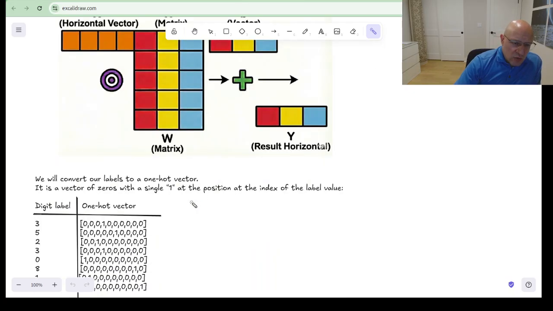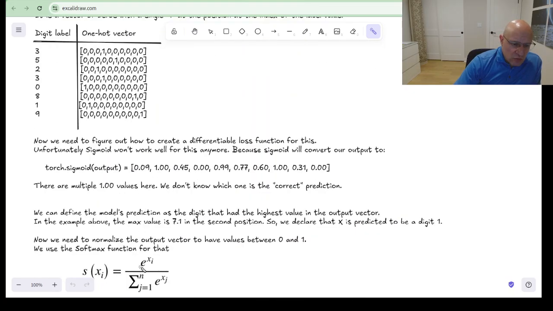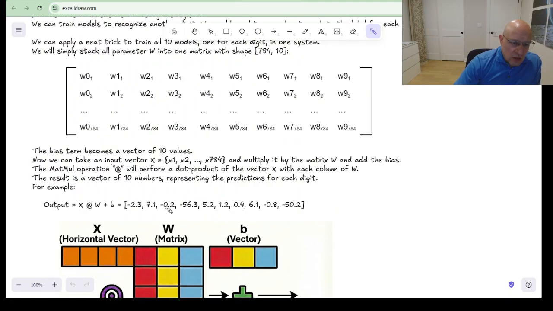Now, why is exponentiation useful? Because it makes all numbers positive, and the bigger the number is, the bigger the exponentiated value is going to be. So after we exponentiate all of those, this will still be the largest value in the exponentiated vector. And since this was the smallest value, after exponentiation this will stay the smallest one.